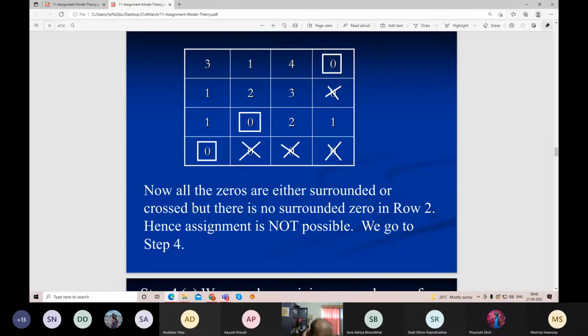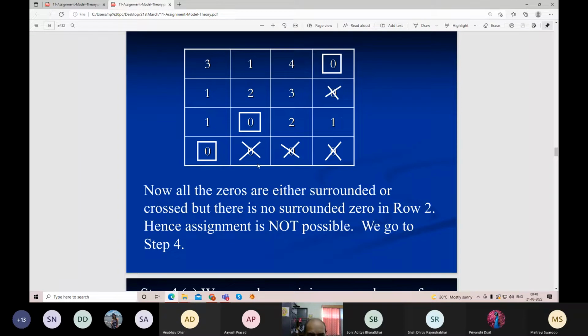Now, what do we find here? First row, there is an assignment. Second row, there is no assignment. Third row, there is an assignment. Fourth row, there is an assignment. And similarly, you can see on the first column, there is an assignment.